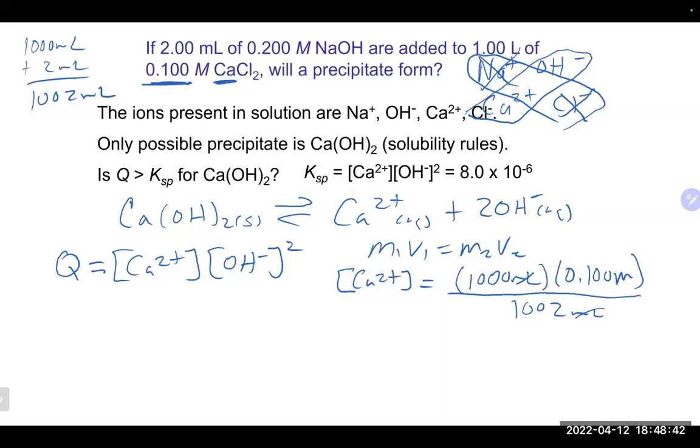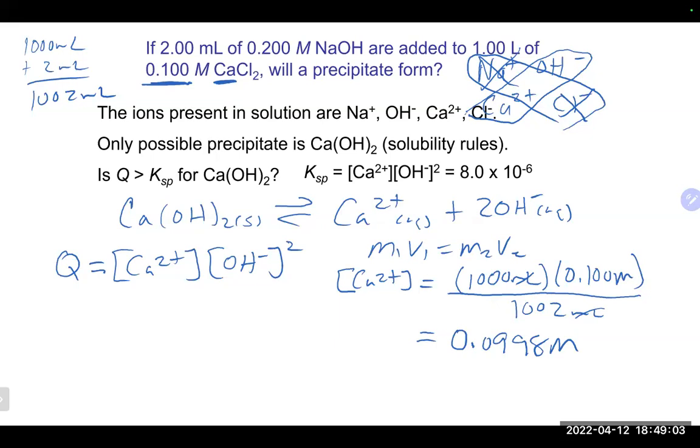We will end up with 1,000 times 0.1 divided by 1,002. Going to give us a calcium concentration of 0.0998 molar. That would be the actual concentration of calcium in the mixture.